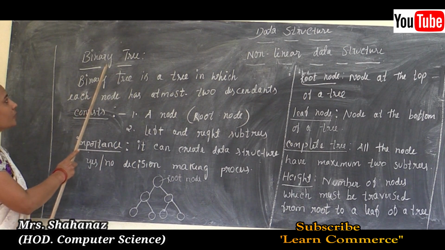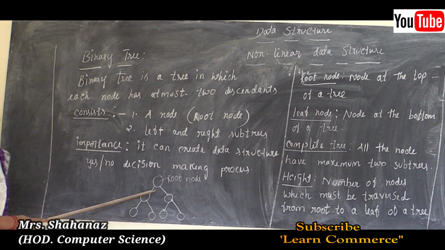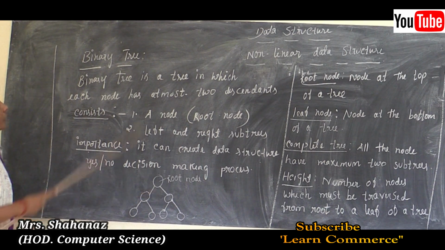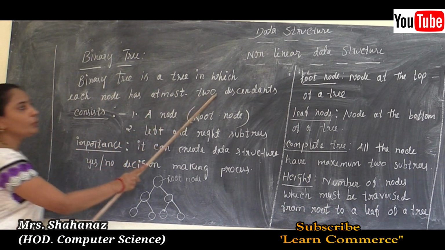Binary tree. So what do you mean by the binary tree? This is the example of the binary tree. Here the binary tree is a tree in which each node has at most two descendants.